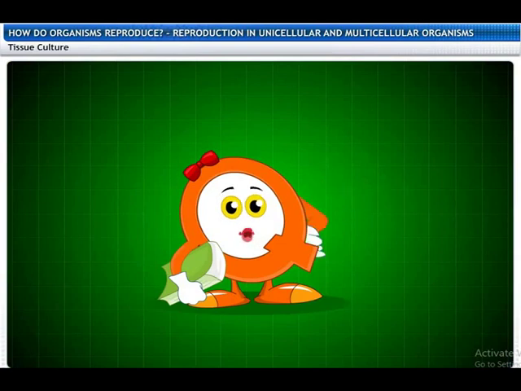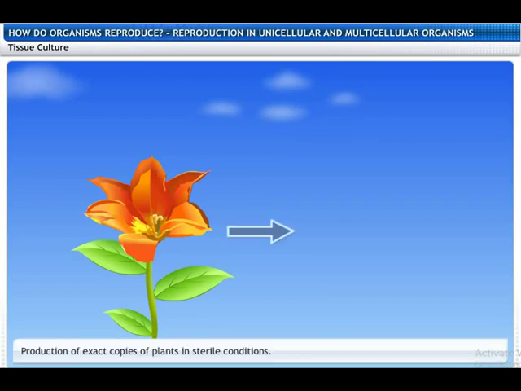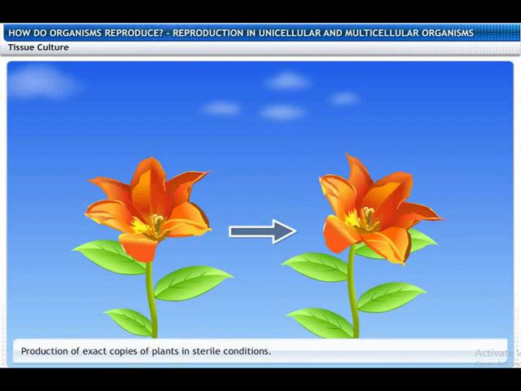Meanwhile, I have some more interesting information for you. I read about a new advancement in technology that gives us another asexual method for the propagation of plants, tissue culture. The interesting thing about tissue culture is that it enables us to produce exact copies of plants in sterile conditions.